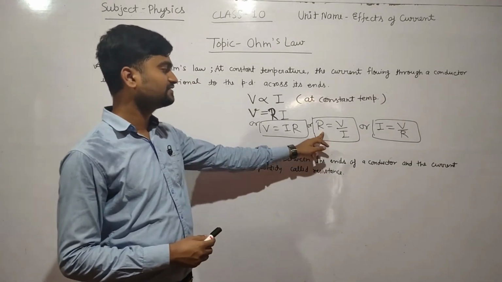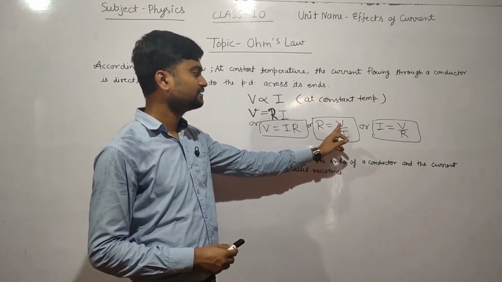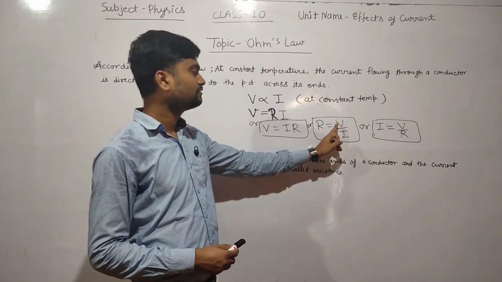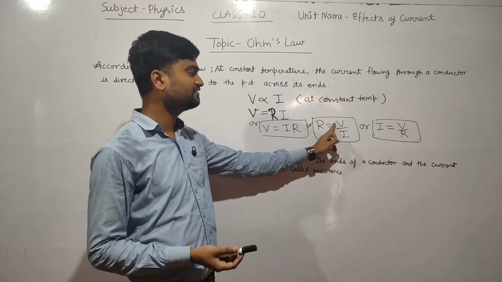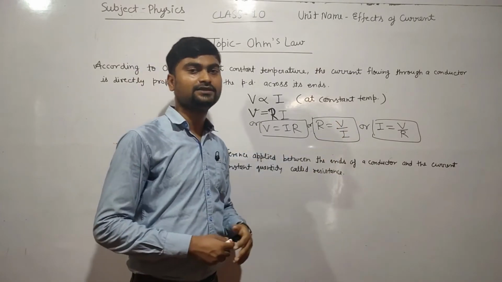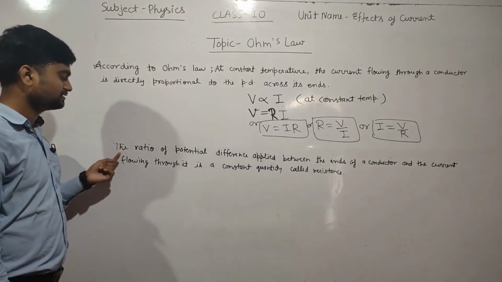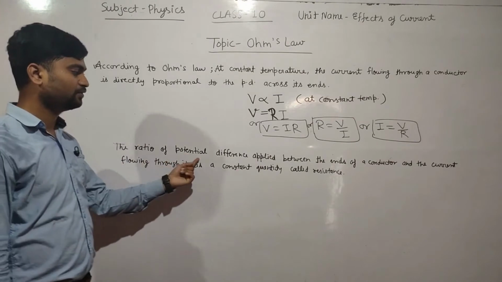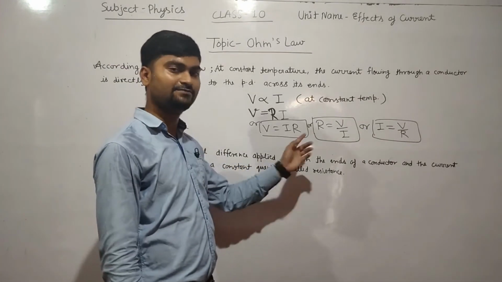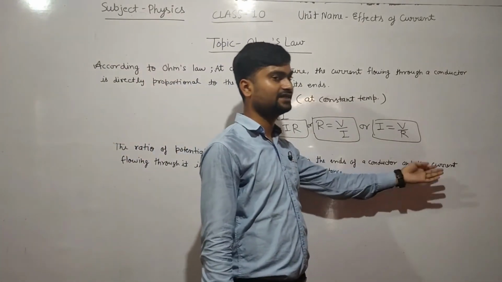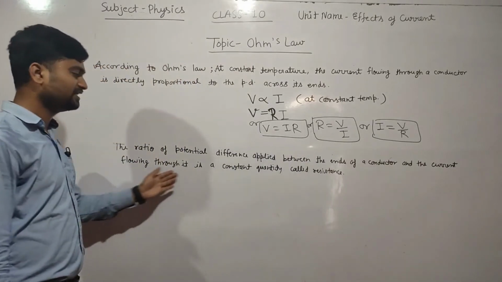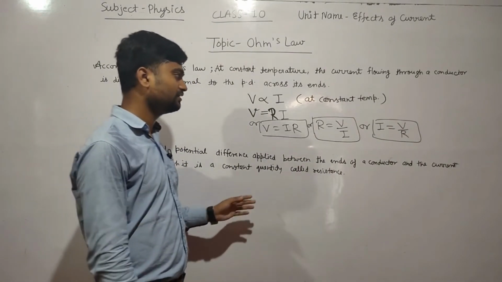So the resistance of the conductor is basically the ratio of the voltage, or potential difference, and the current flowing through it. We can say the ratio of the potential difference applied between the ends of the conductor and the current flowing through it is a constant quantity.